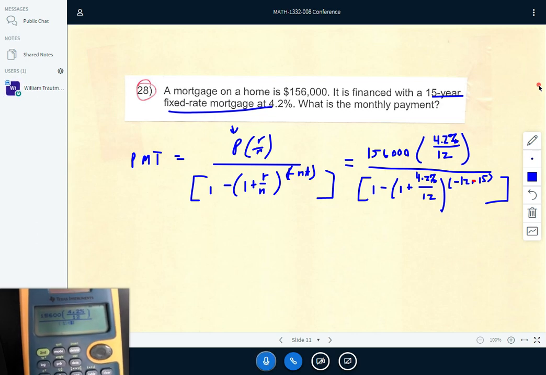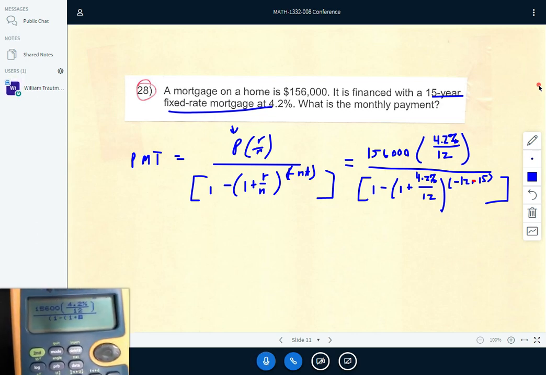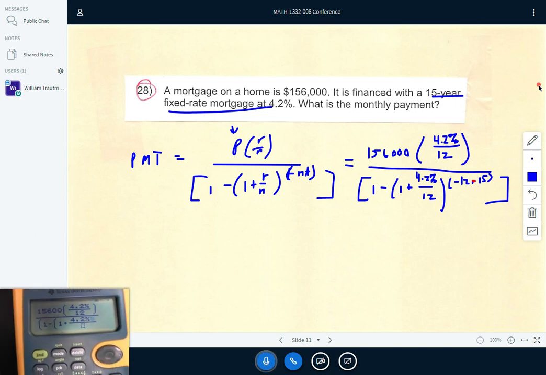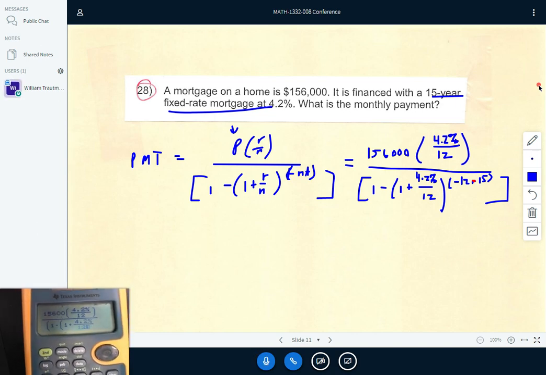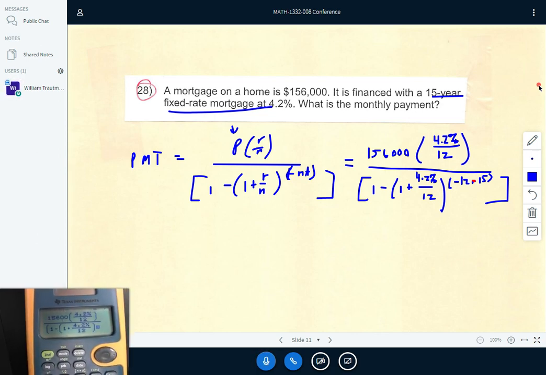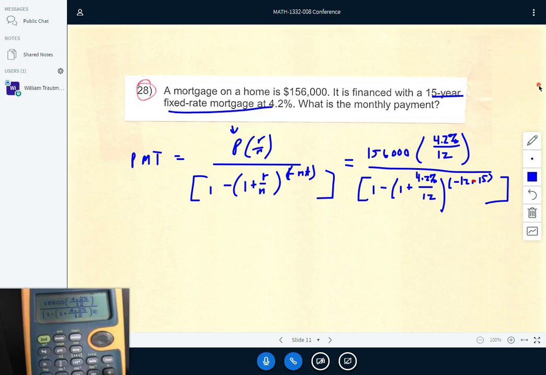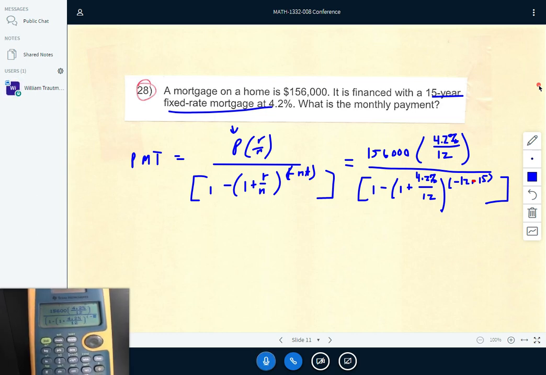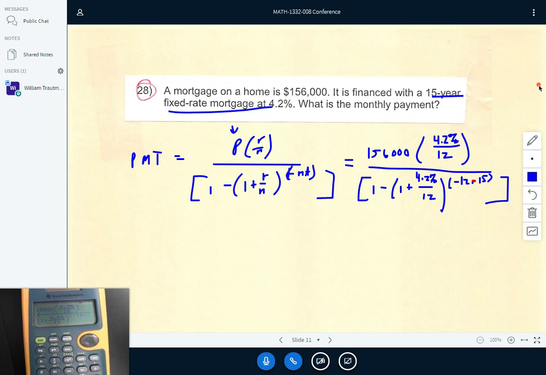Parentheses 1 minus parentheses 1 plus fraction, 4.2% over 12. Close the arrow over, close this parentheses, raise it to a power. The power is negative 12 times 15 years. Close parentheses, arrow over, and close that final parentheses.